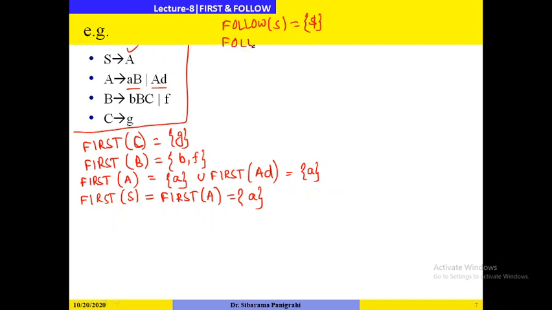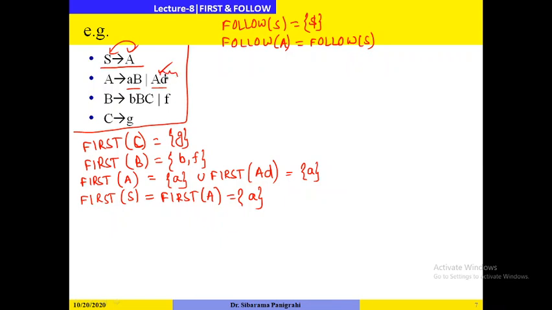Now can you tell me what is the follow of A? You have to look at the production whose right hand side contains A. So you will look at the production S gives A. In this production A appears at the end, so follow of A equal to follow of S. So here you see in this production A appears on the right hand side, so follow of A equal to first of remaining.